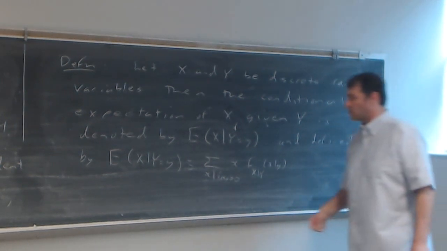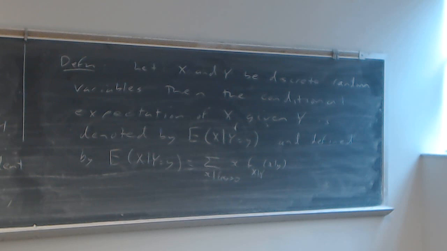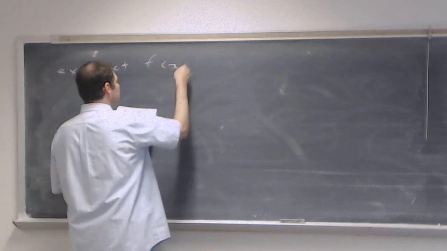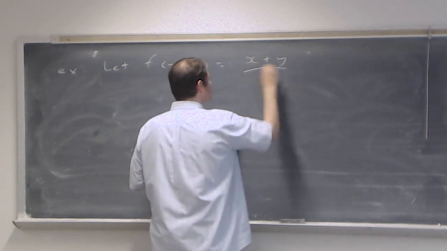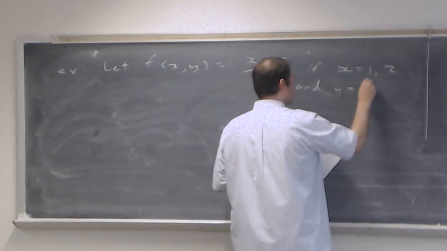And so let us look at one example and then call it quits. So the last example is, let f of x comma y be equal to our old example, x plus y over 21, if x is equal to 1 and 2, and y is equal to 1, 2, and 3.